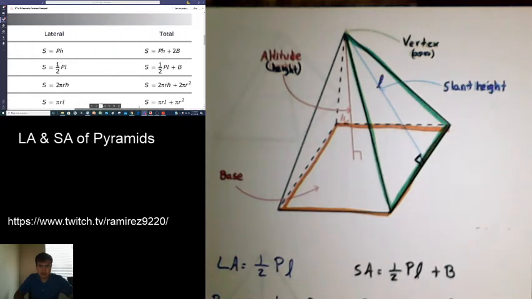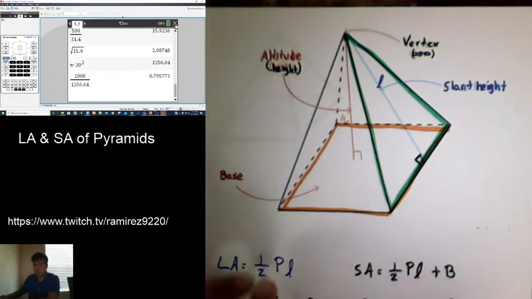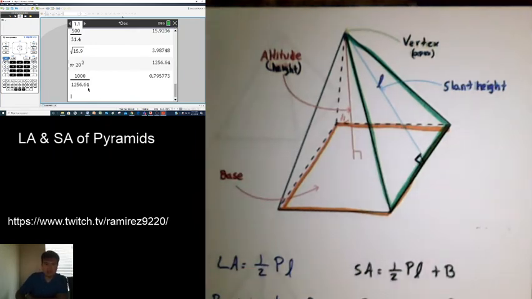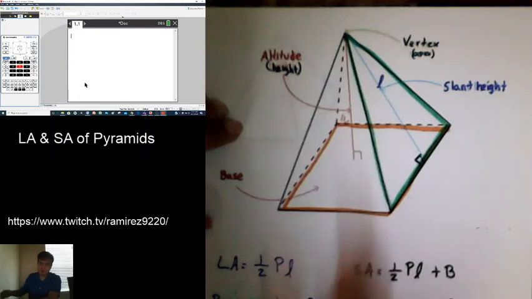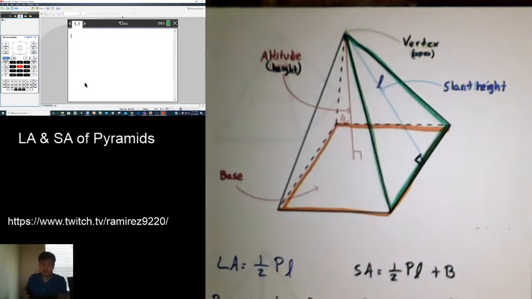And you see here how under lateral we have that 1/2 P times L, and under total it's the 1/2 PL plus B. The interesting thing here, guys, and again you could see in our formulas here, is that height is not used at all. The overall height of the pyramid is pretty much irrelevant when it comes to calculating these things.